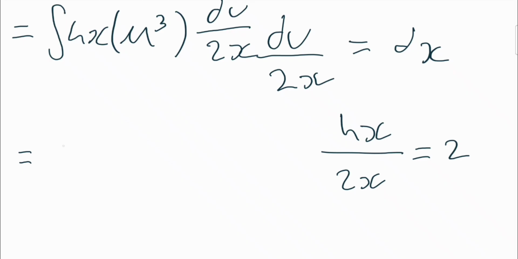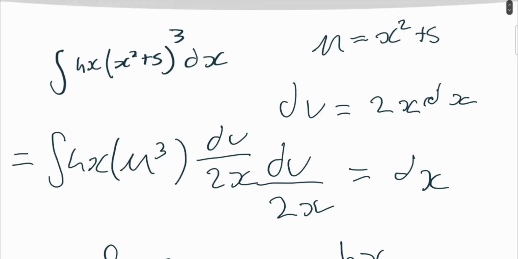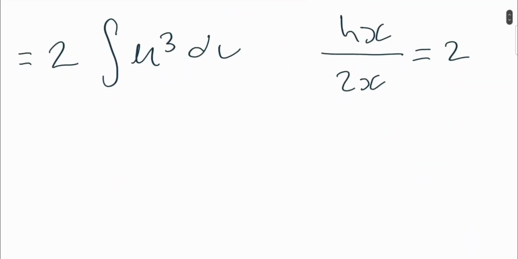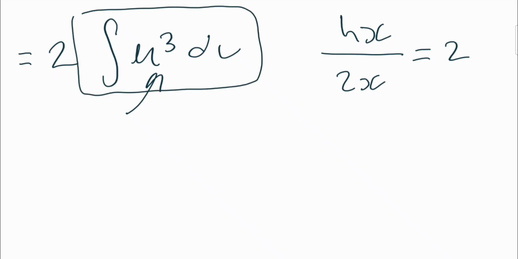So this means that 2 times the integral of u cubed du is going to be equal to the integral of 4x u cubed du over 2x. Great. So now we can go ahead and take the antiderivative of u cubed, as we have the whole expression in terms of u.